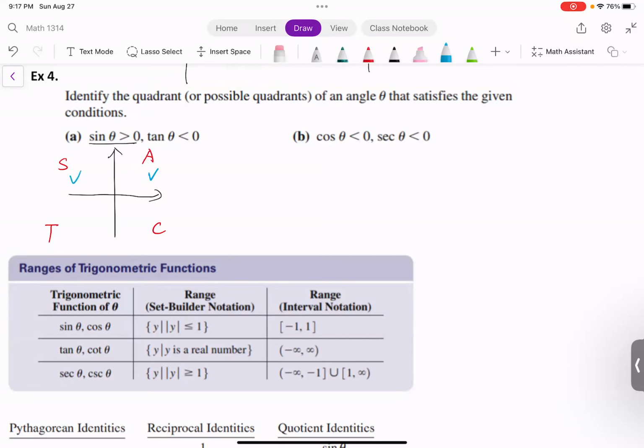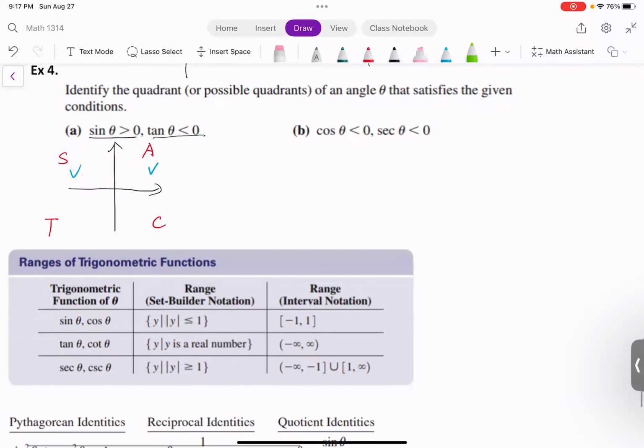The second information is tangent theta is negative. Tangent positive is in the first and third quadrants. If tangent is negative, or less than 0, I will highlight this quadrant and this quadrant, because these two quadrants make the tangent negative.